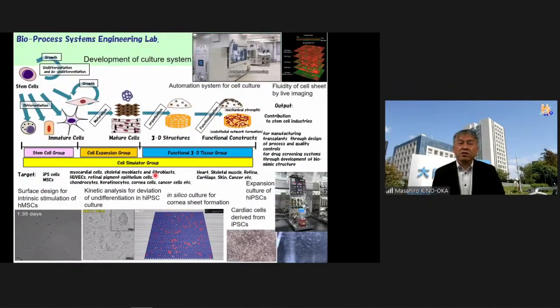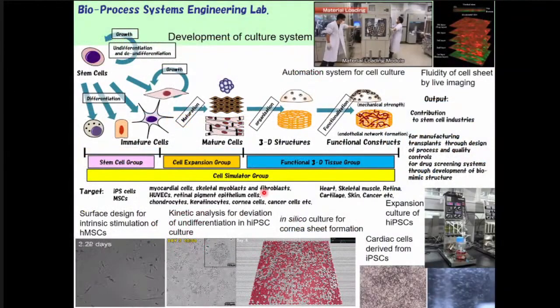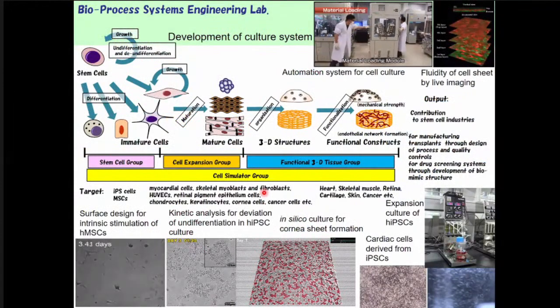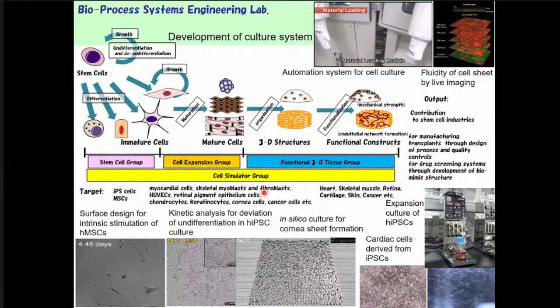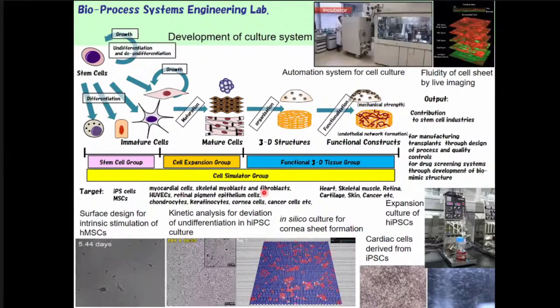So first, I want to introduce our laboratory activity. I hope you will see the many video images, because I often take videos like this. I want to explain step by step.